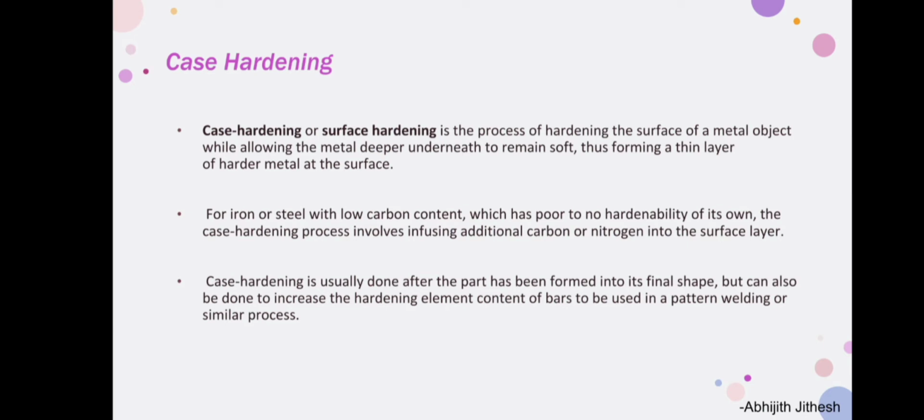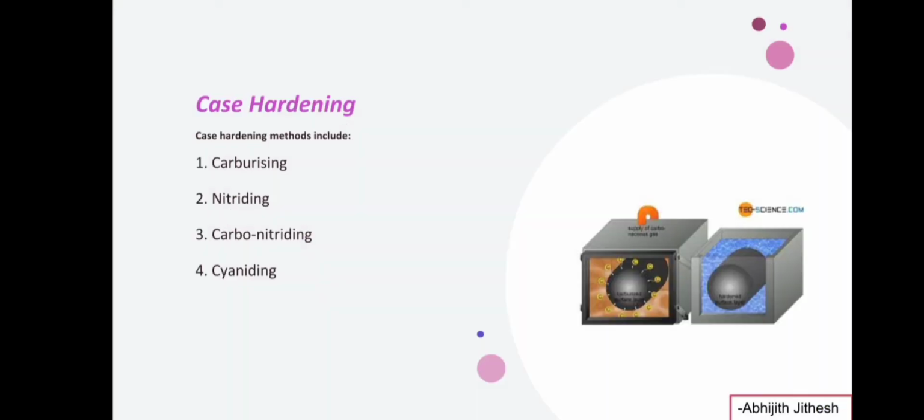Case hardening is often done after the item has been formed into its final shape, but it can also be done to increase the hardening element content of bars for pattern welding or other related processes. The different types of case hardening methods are carburizing, nitriding, carbonitriding, and cyaniding.